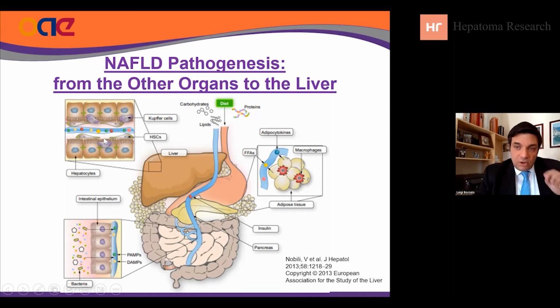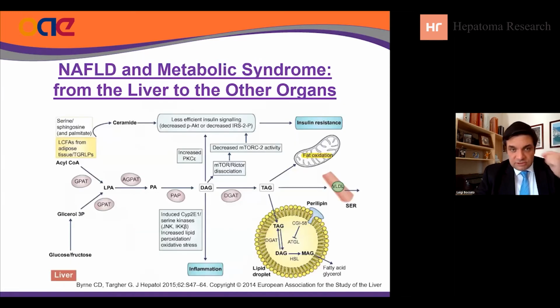But that's not the only direction of this interaction, because there is an interaction from the liver to the other organs. And that is important because we have to contextualize NAFLD in the wider spectrum of the metabolic disorder.